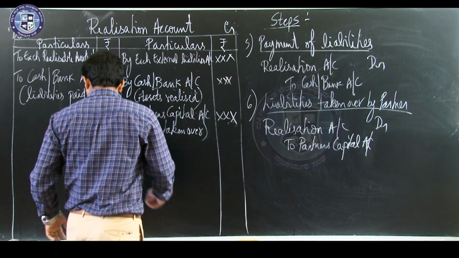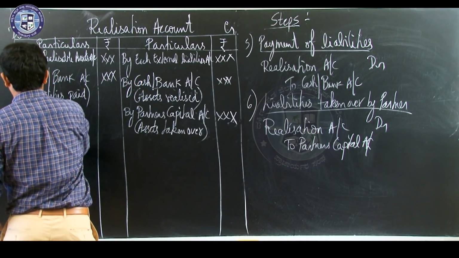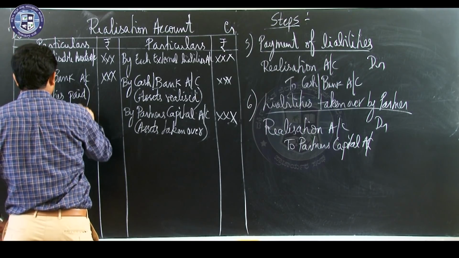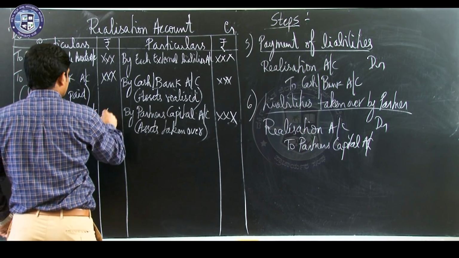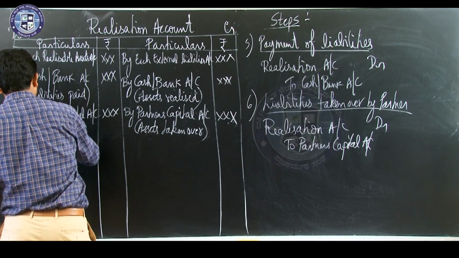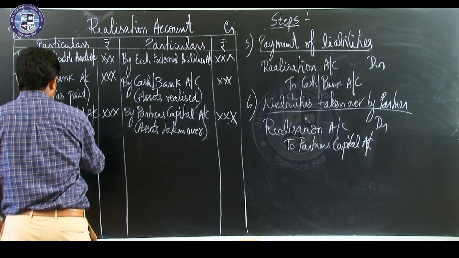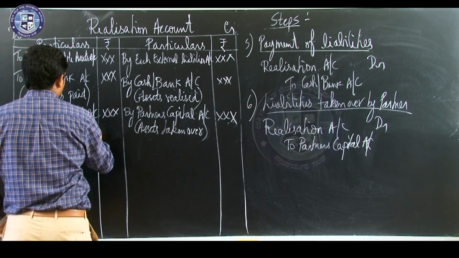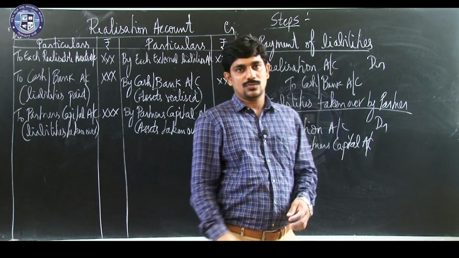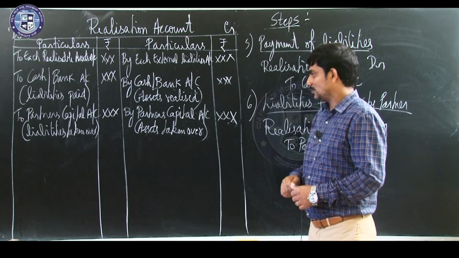So, again, on the debit side is the expense, to partner's capital account, that is liabilities taken over. You have to record the name of the partner who has taken over the liability.